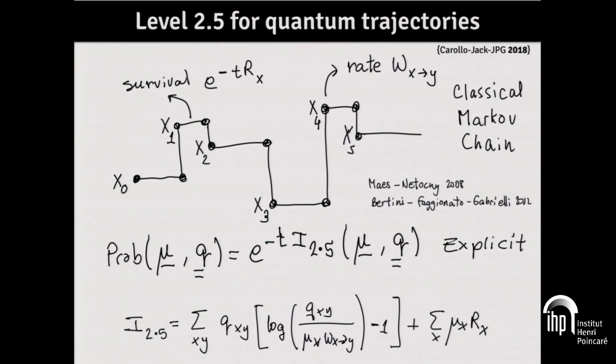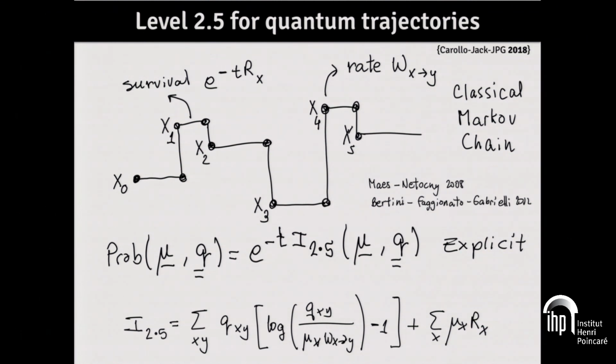Level 2.5 is an explicit form for the probabilities of the empirical measure and the flux. These are very big objects. These are probabilities in a trajectory. I populate the states with that vector, and I jump between pairs of states with that matrix. So this is a very, very big object.